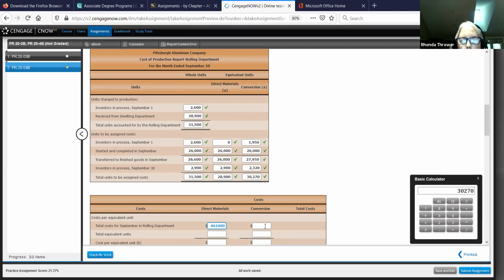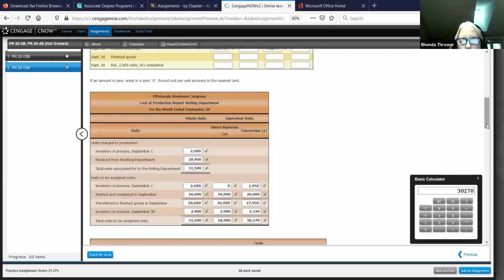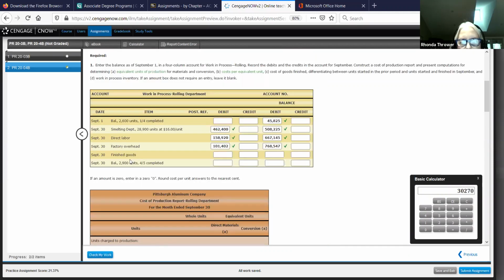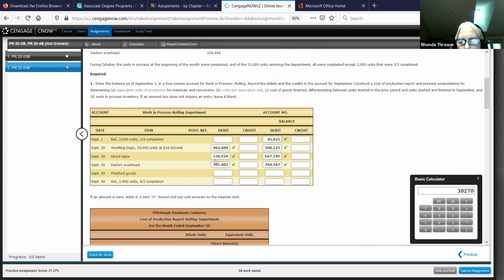Then you want to find your total conversion cost. Your conversion costs are your direct labor plus your factory overhead. Your direct labor was given at $158,920.